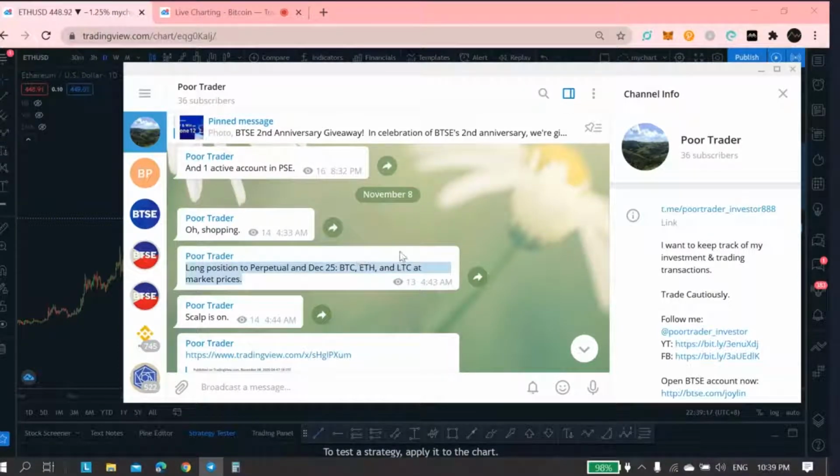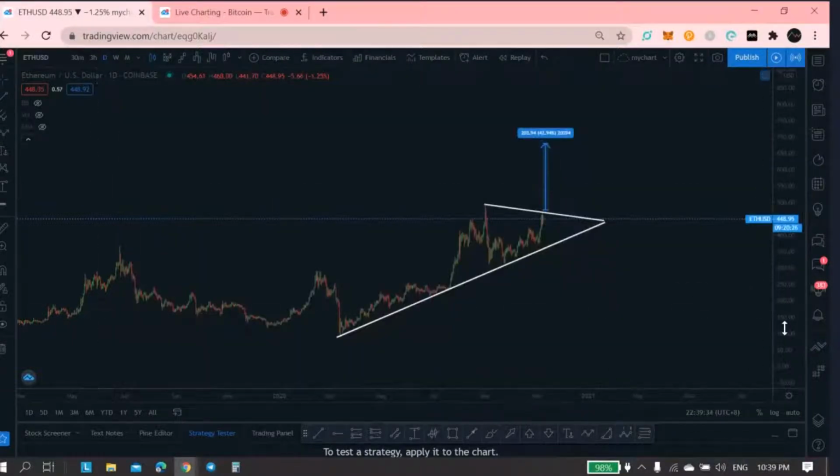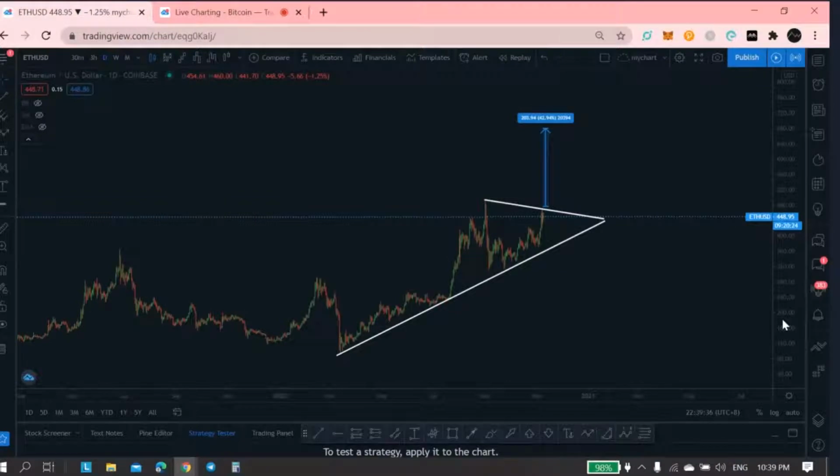I shorted at around this time, GMT plus 8 around 4 a.m. So BTC, ETH and Litecoin, the perpetual one and the December 25 time-based futures. But most of my trades are the perpetual because it's more liquid.